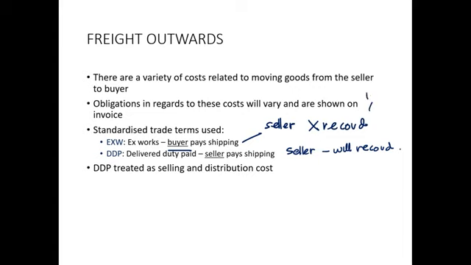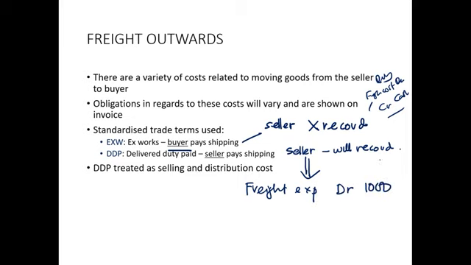For the freight cost, debit freight, credit cash. If the seller needs to record, they debit freight expense, maybe 100, and credit cash. If you pay by cash, it's going to be credit cash.